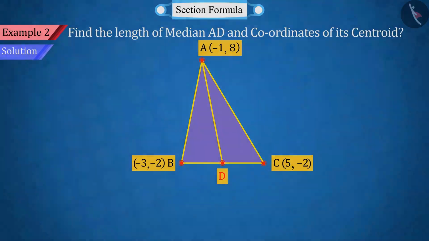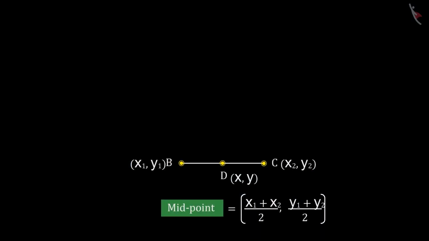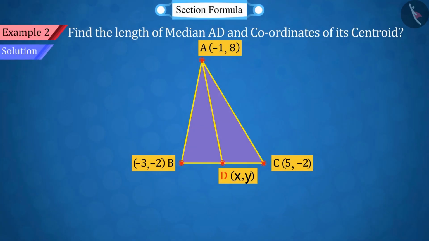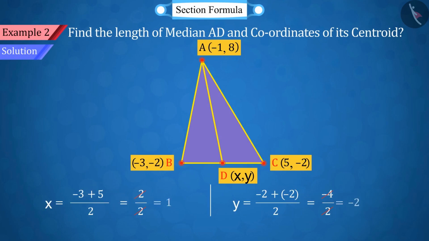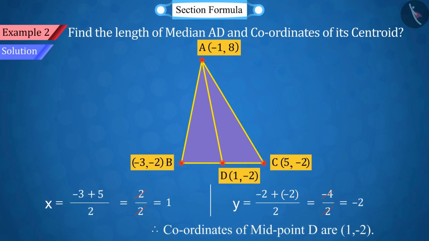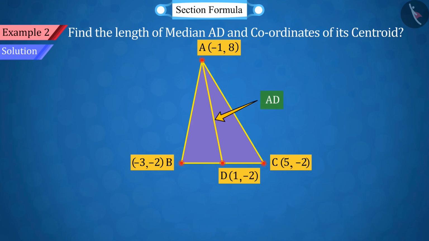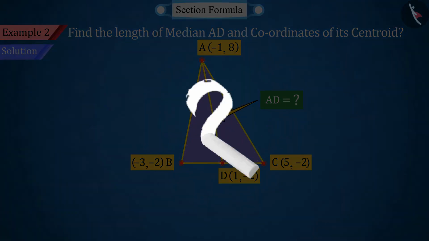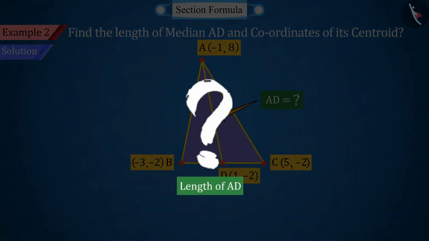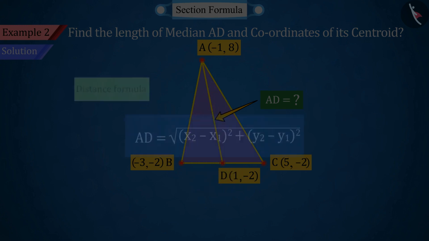Can you find the coordinates of point D? Absolutely correct. Point D is point B and C's midpoint. So by the values of point B and C, the coordinates of point D are obtained as (1, -2). Since the length of the median AD is to be determined, can you now find the value of AD? Well done.